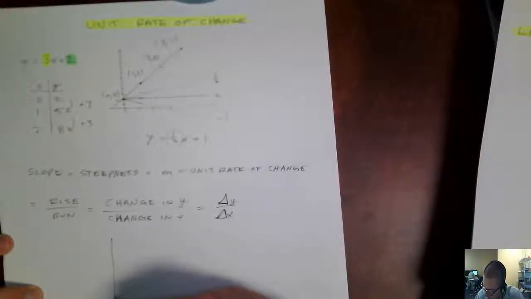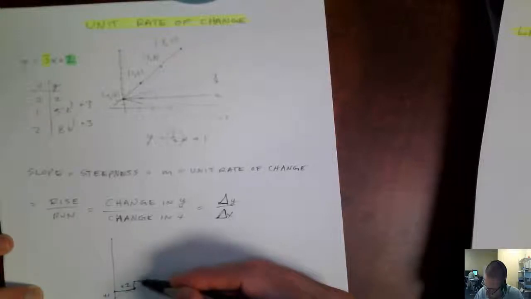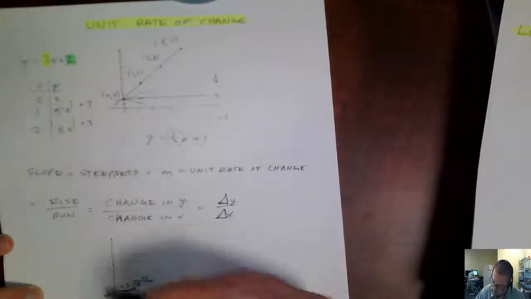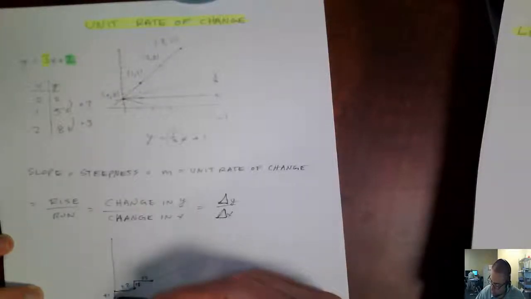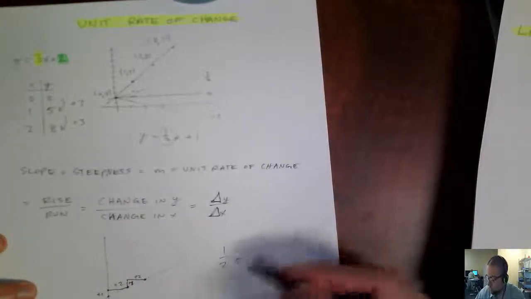So if here I'm going up 1 over 2, so say plus 1 here and plus 2 there, well, it's the same if I do another plus 1 plus 2, plus 1 plus 2, right? And it would be the same if I thought of it as going up 2 and over 4, right? So these are equivalent fractions, right?